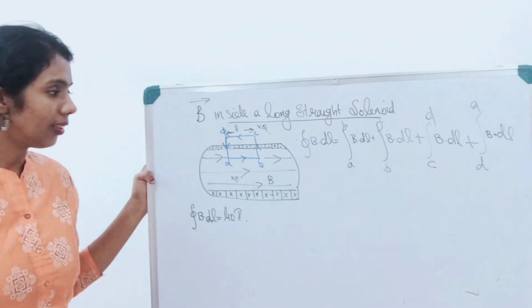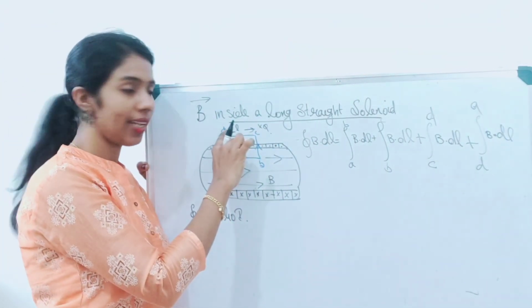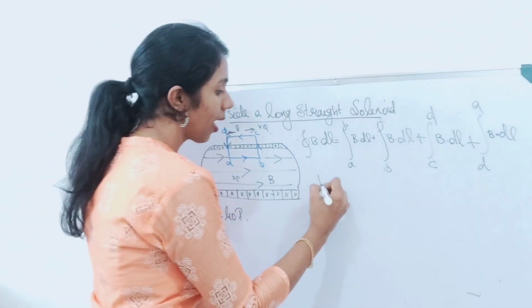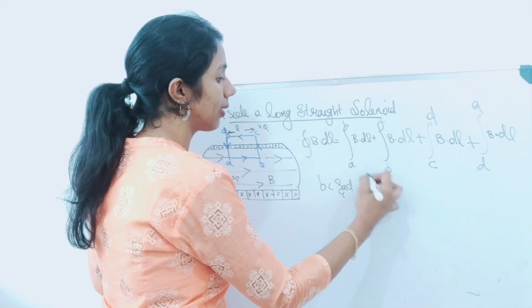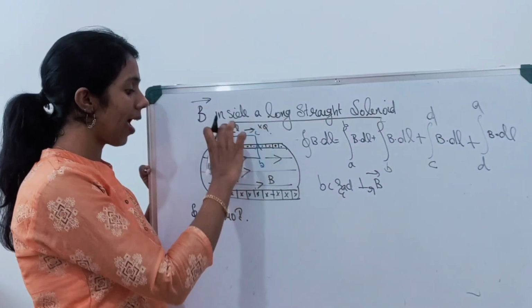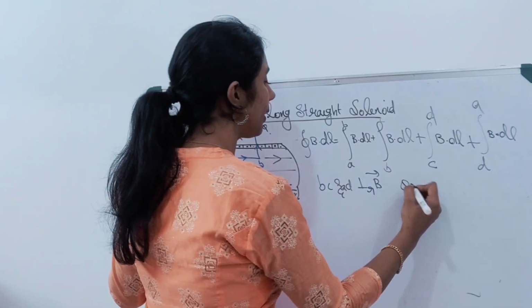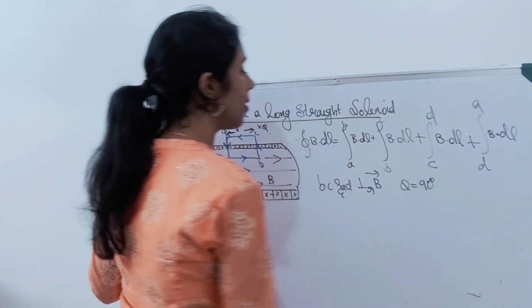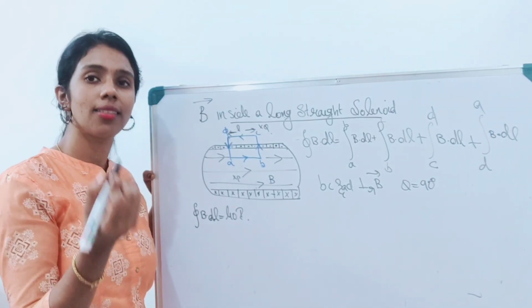Here, BC and AD are perpendicular to the magnetic field. So theta is equal to 90 degrees. Since theta is 90 degrees, the integral of B dot dl becomes 0.